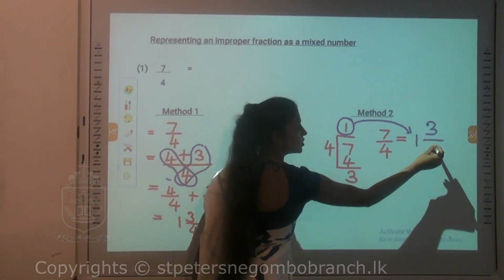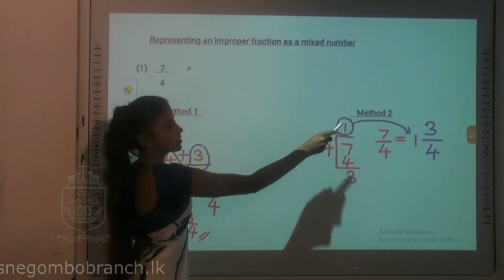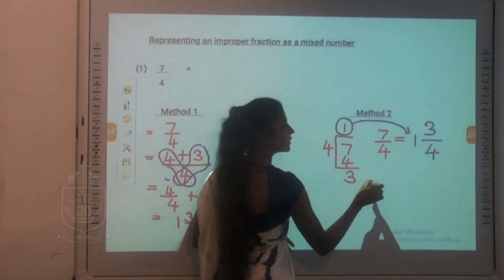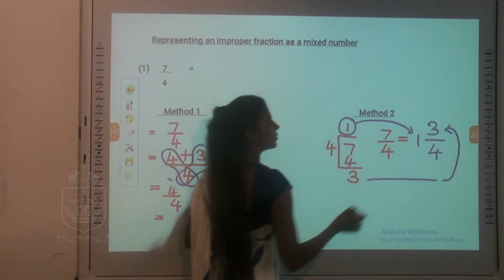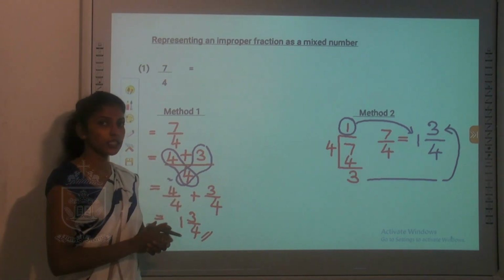The denominator won't change, it will always remain the same. That is the way of converting an improper fraction into a mixed number.